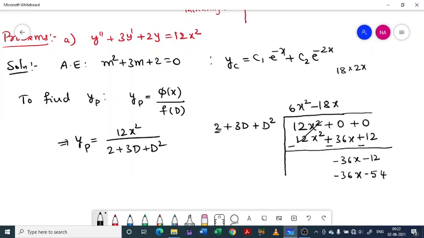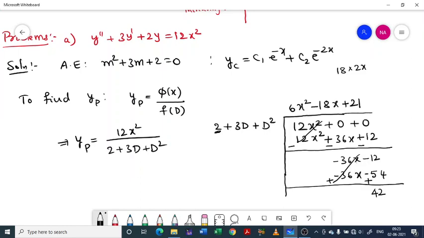Subtracting, so this becomes plus, this becomes plus. 36x gets cancelled. 54 minus 12, that is 42. Now 42 divided by 2 is 21. That number should be written here.